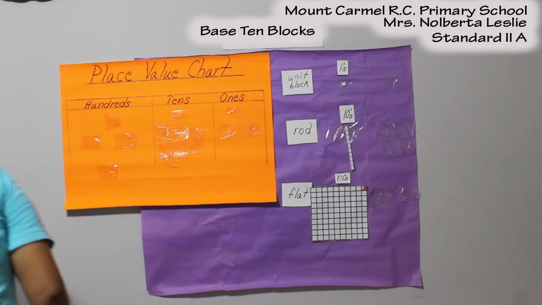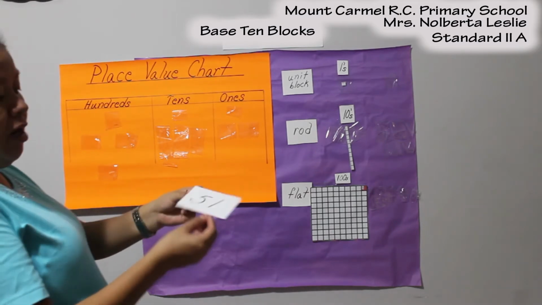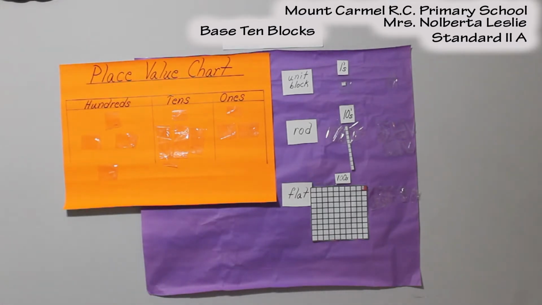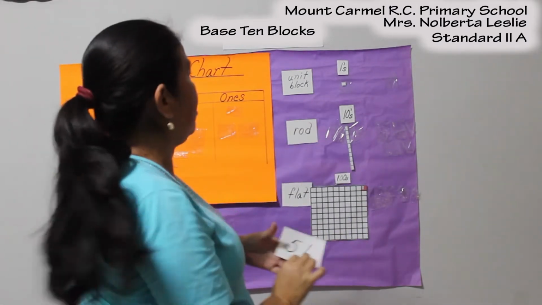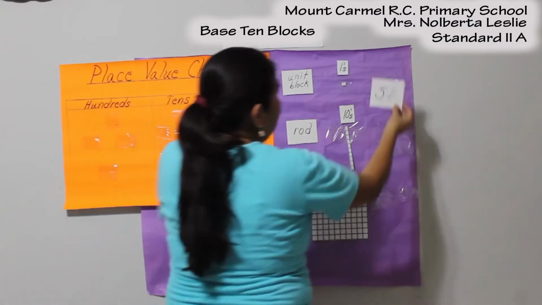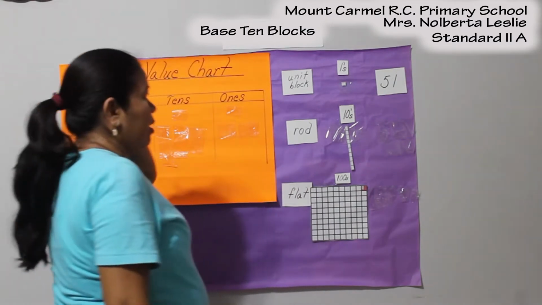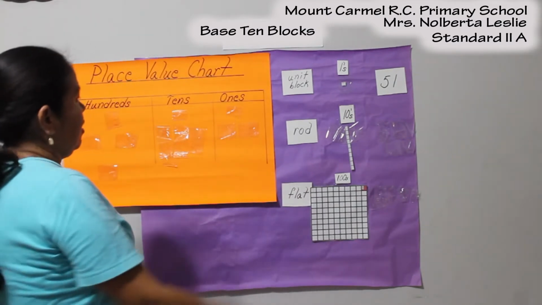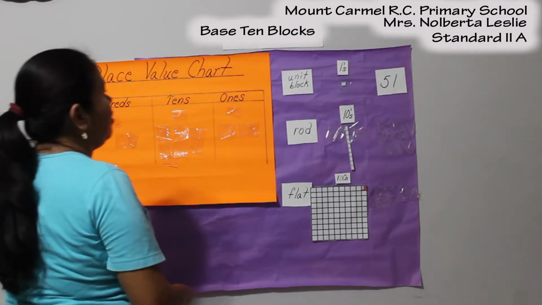For example, if I have the number here 51, okay, this is my first number, 51. I'm just going to put it on the side here, 51. And I want to put this under the place value chart.